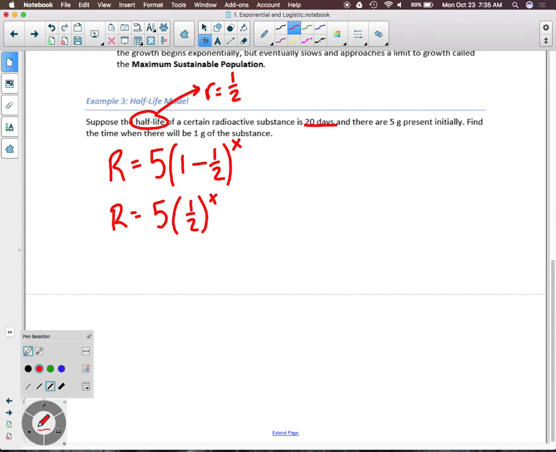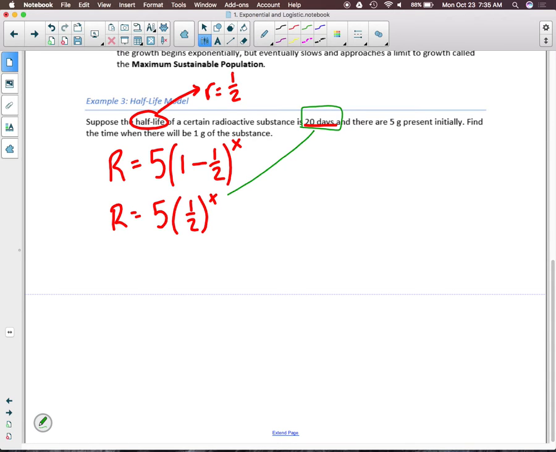Now x is how often this half-life occurs. And the problem is that we have this special value going on up here, which is that we need the half-life to only happen every 20 days. So I need to slow this exponent down, because if x equals 1, I don't want it to take the half-life yet. But if x were to equal 20, then I want it to take the half-life.